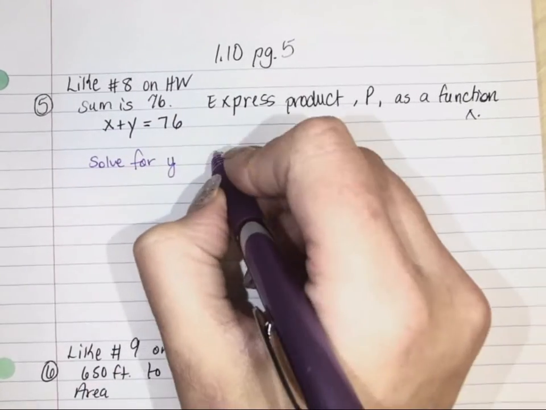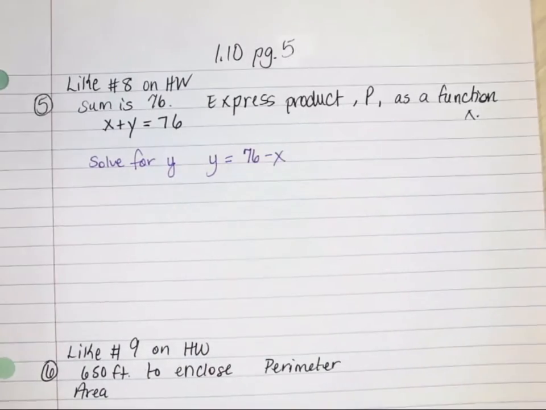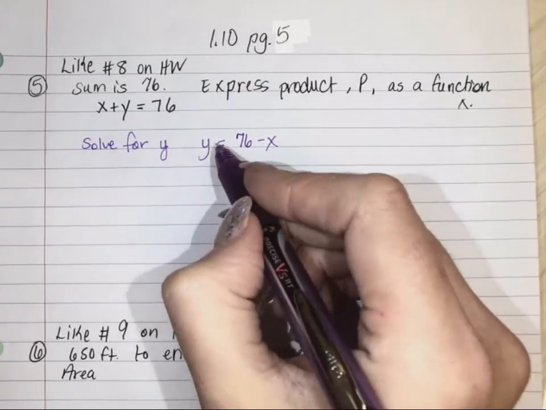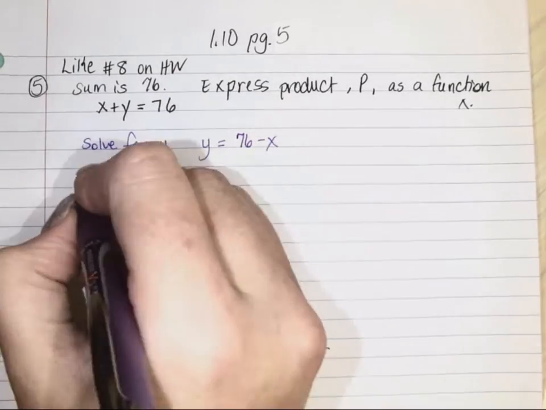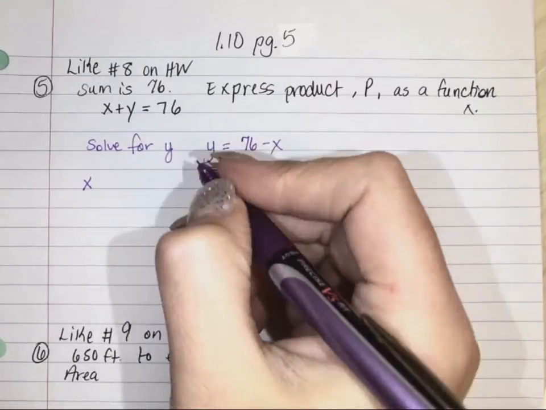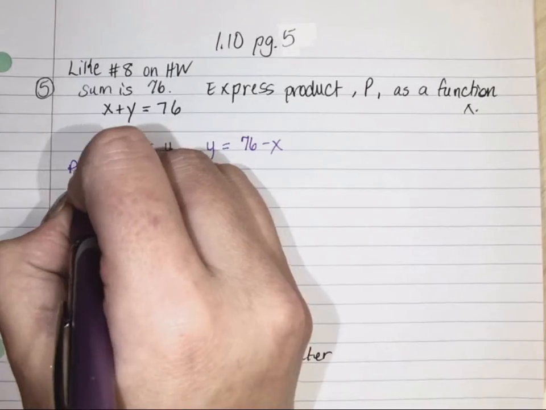Solve for Y, so we get Y equals 76 minus X. Then, since I know that Y is equal to that, and I have X as one of my numbers, this is also Y in terms of X, so then they're wanting me to take the product.